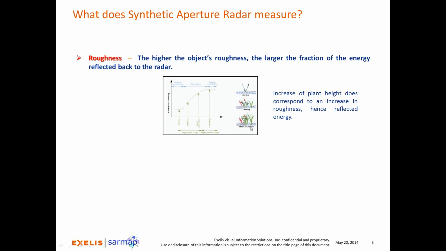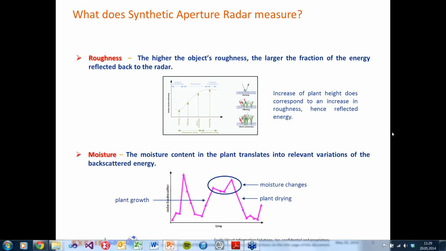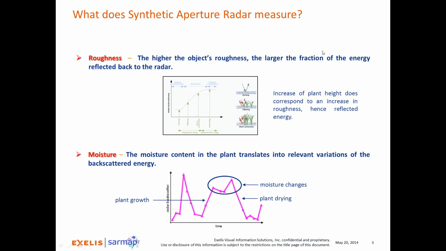But we can think that as soon as our plants are growing, we will get more and more backscatter depending on, say, the size of the plant we are illuminating. The second parameter to which SAR is sensitive is moisture.